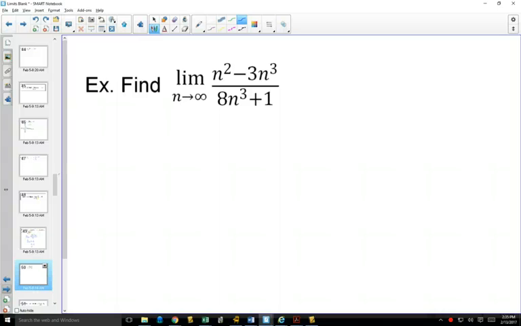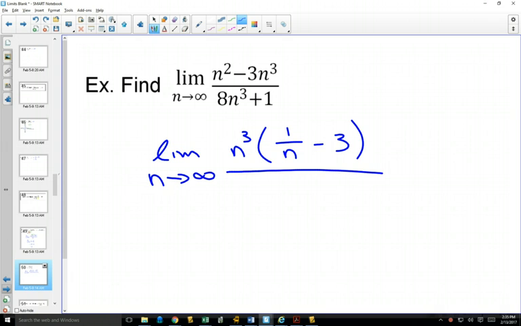So for this one, what's the highest power in the whole thing? N cubed. So if we factor that out, this will become 1 over n squared, and on the bottom we'll have 8 plus 1 over n cubed.